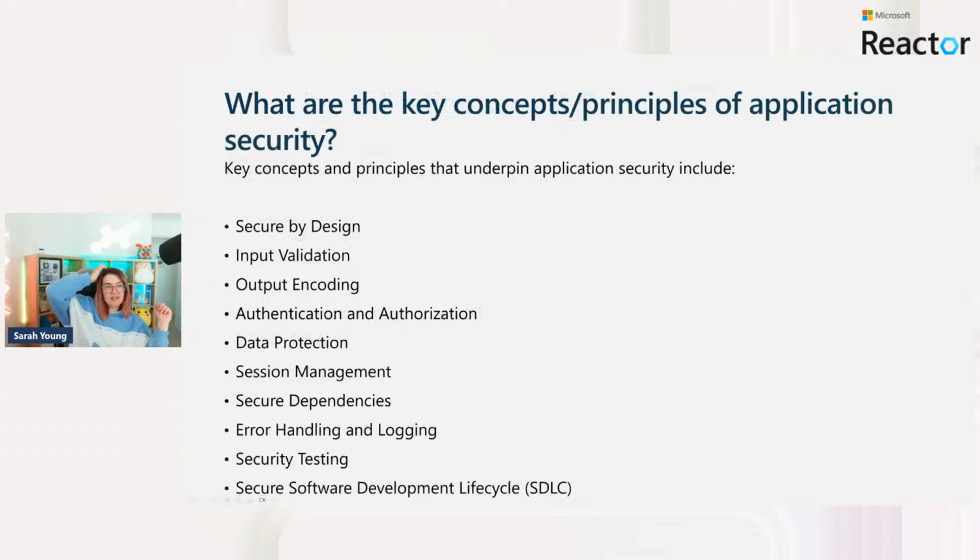Okay, so here are some principles of application security, some of the things that we look at. First of all, we talk about secure by design. Whilst we want to identify security issues, ideally we'd like to not have any to begin with.